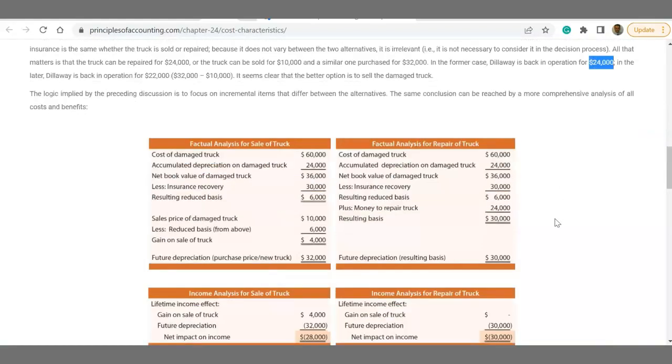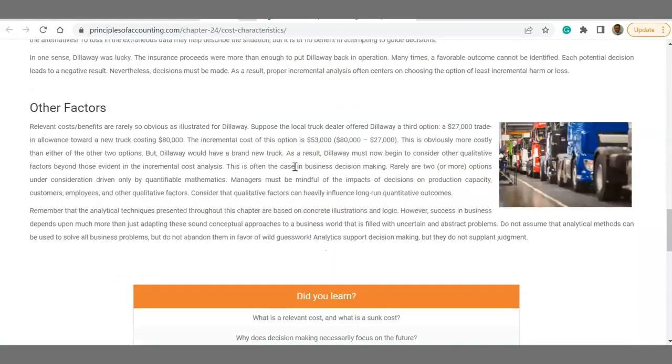Okay, so here we have a $53,000 increment, so it's almost more than double, right? But they're going to get a new truck, so this is obviously more costly than either of the two options.